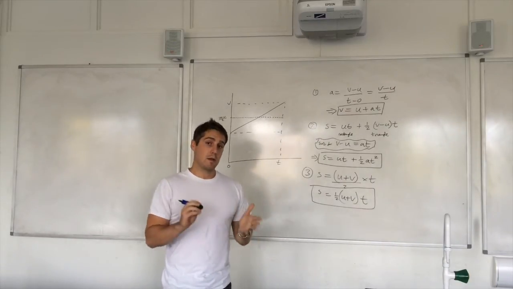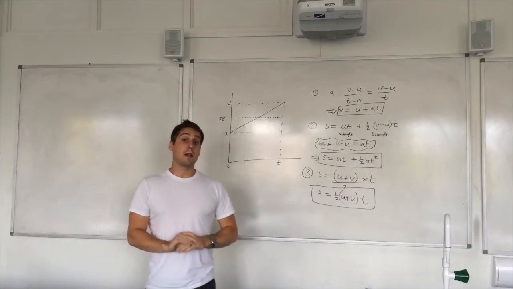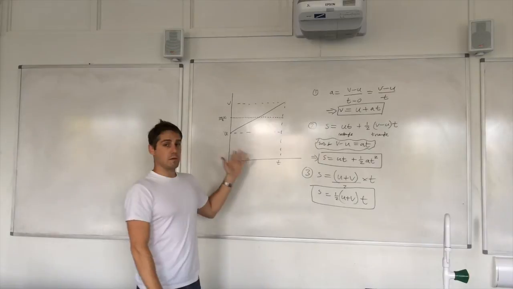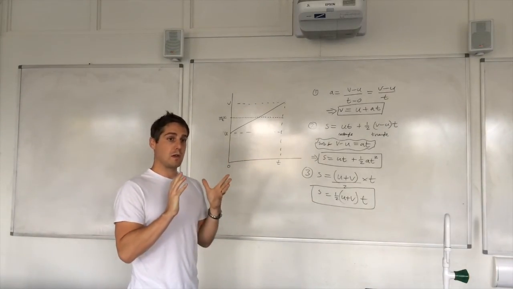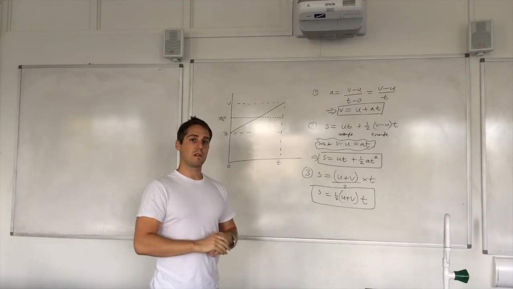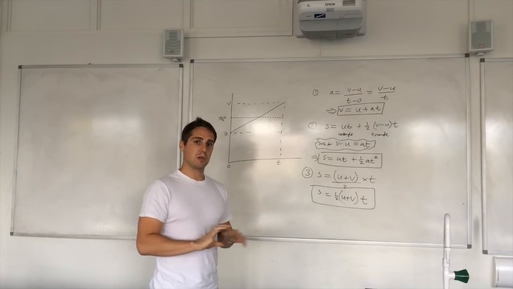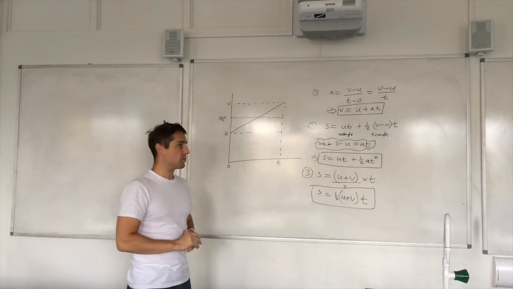4th equation then. This equation, as I hinted to earlier, we don't actually work directly from the graph. What we do here is we take 2 equations and we eliminate one quantity so that we have an equation with different quantities to what we've had previously.